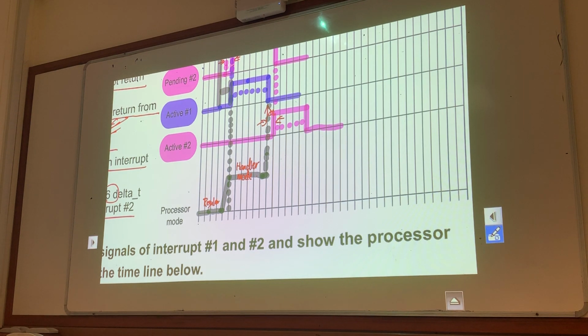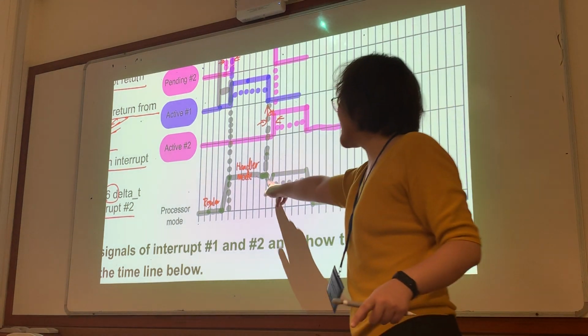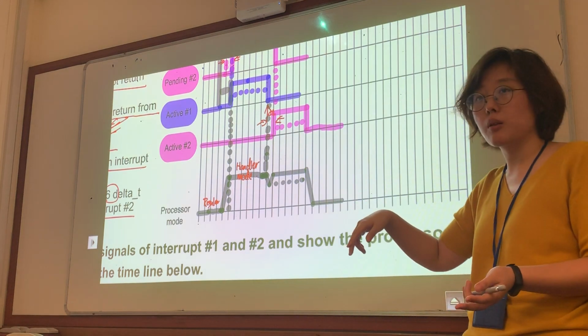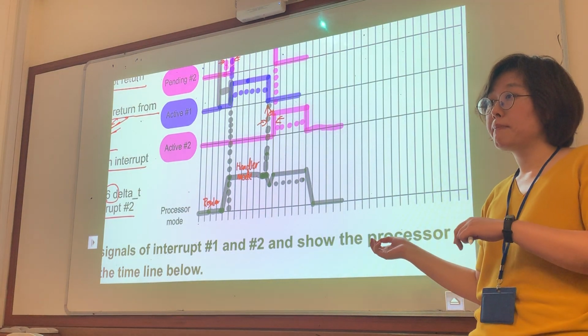Okay, so here for the processor mode, what's happening is you go down, but you go up to handle the other one. 1, 2, 3, 4, 5. Then you go down. Okay, so this is a 1 delta time delay to switch from one handler mode to the other handler mode.